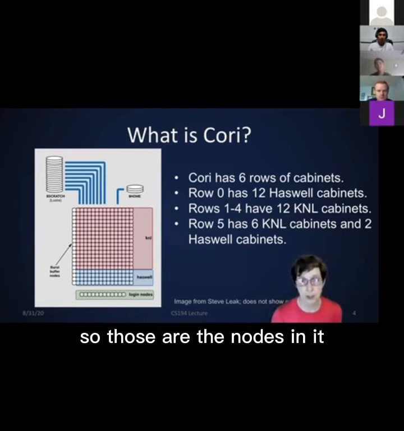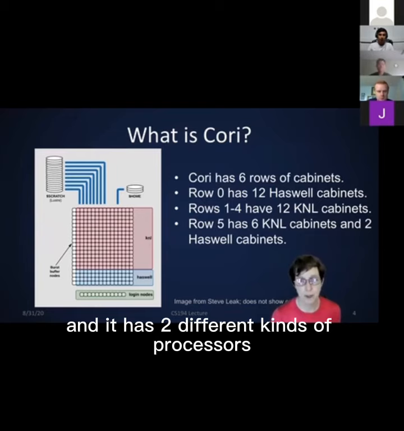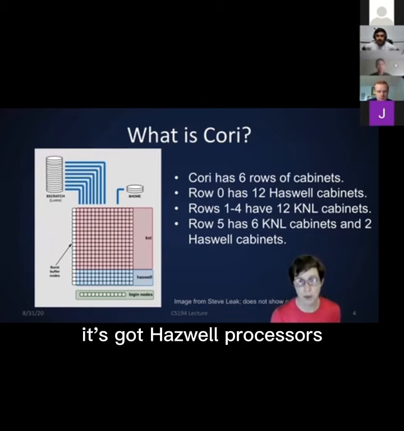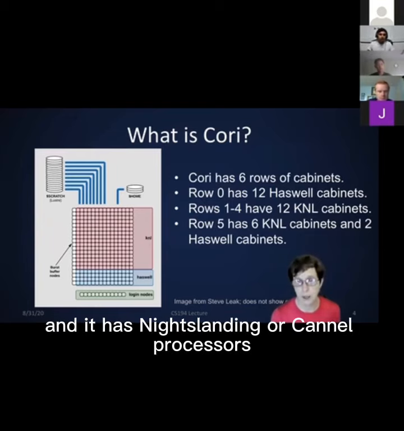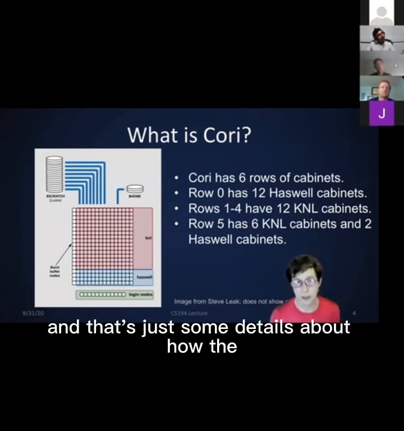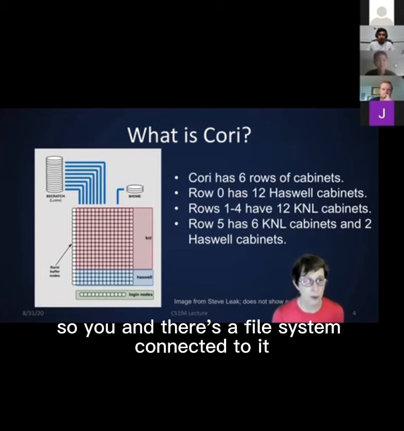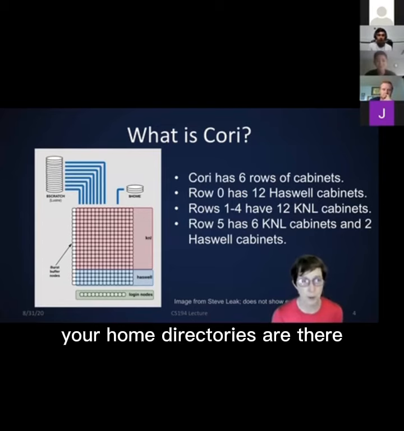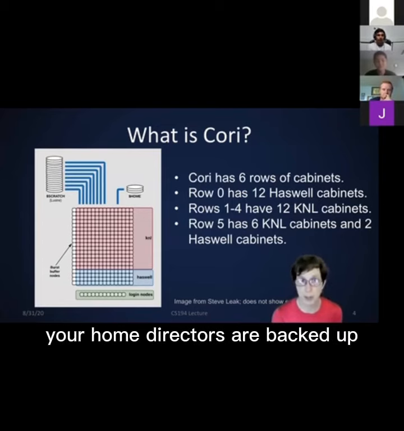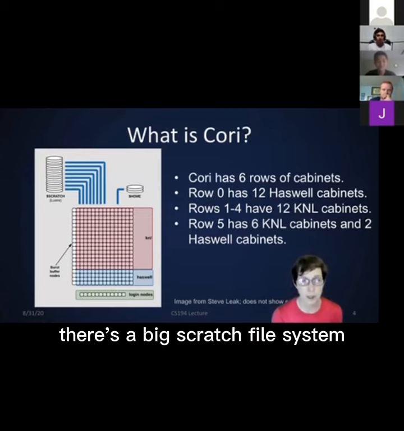So those are the nodes in it, and it has 2 different kinds of processors. It's got Haswell processors and it has Knights Landing or KNL processors, and that's just some details about how things are put together. There's a file system connected to it. Your home directories are there. Your home directories are backed up. There's a big scratch file system.